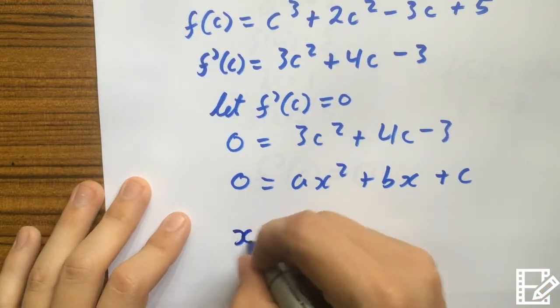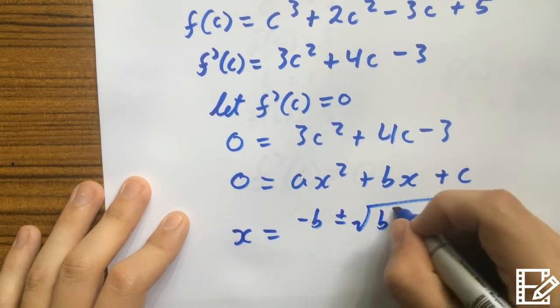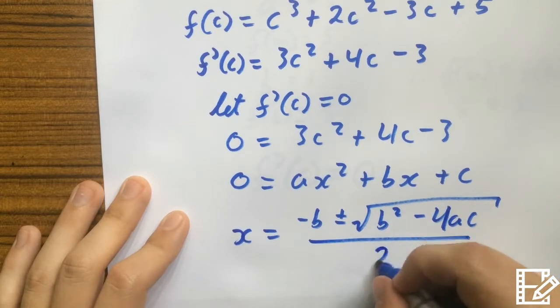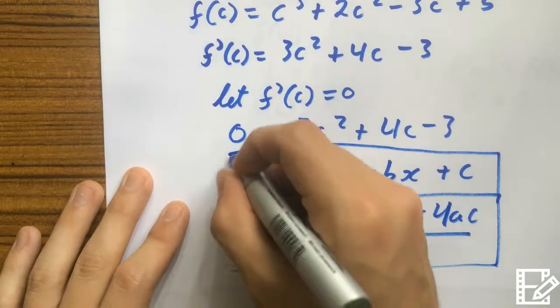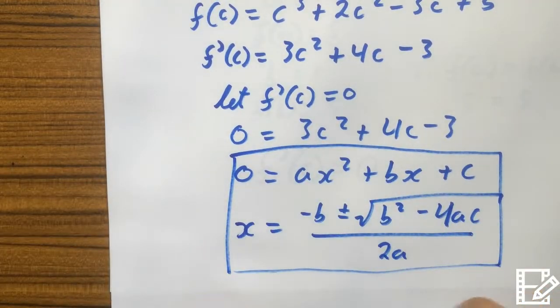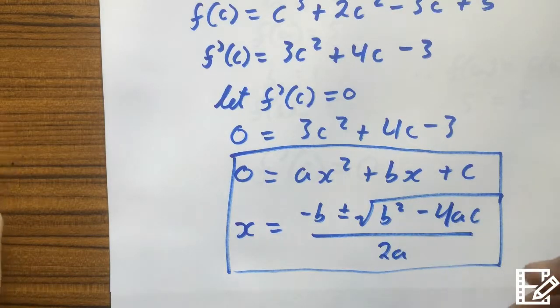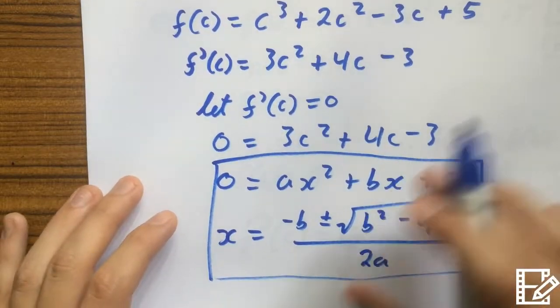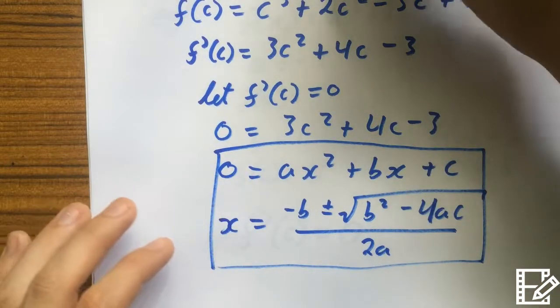And the quadratic formula is x equals -b plus or minus the square root of b squared minus 4ac over 2a. I won't show you how to use the quadratic formula in this video, because you should know it by now. If you don't, I will put a video up in the future on how to do it, but I'm just going to give you the answers that it would spit out.